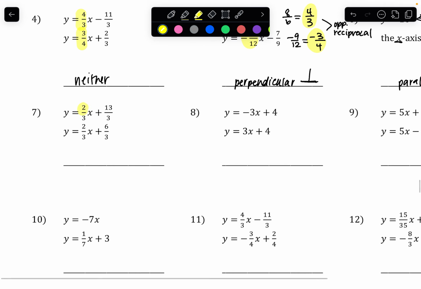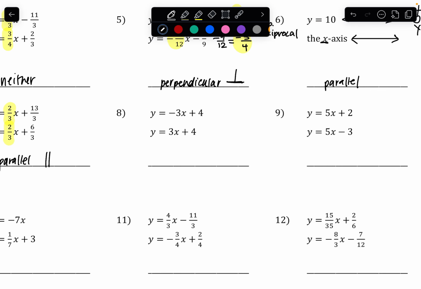Looking at number 7, we have 2/3 and 2/3. These are the same, so these are parallel. We have -3 and +3. These are opposite signs, but they're not reciprocals, so neither. Don't let them trick you with that. They also have the same y-intercept, which we don't care about. They are just intersecting at that y-intercept.